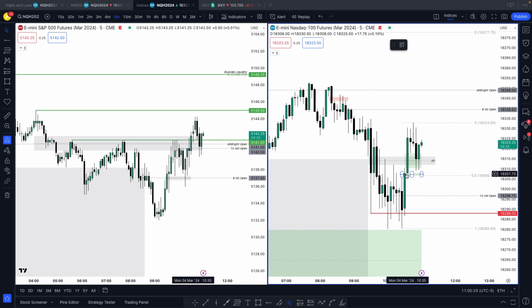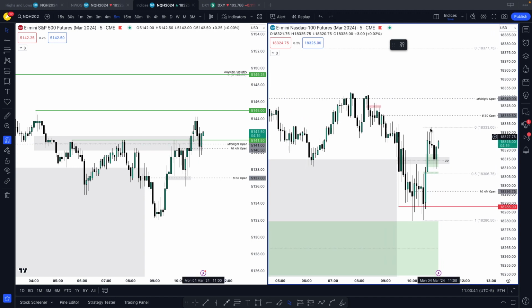So you need to allow for this one to trade so you can be long in here, allowing for this to trade and this to trade. So your stop would still need to be down here on that. But you could reach for the buy side here. The opening price is 8:30 and midnight, and buy side above here, above midnight.